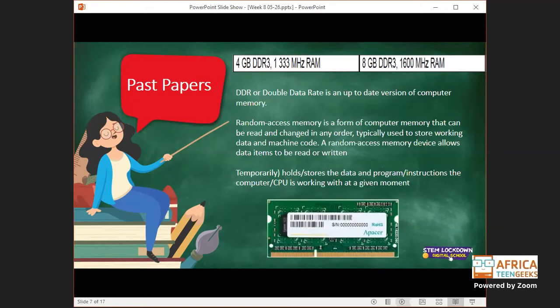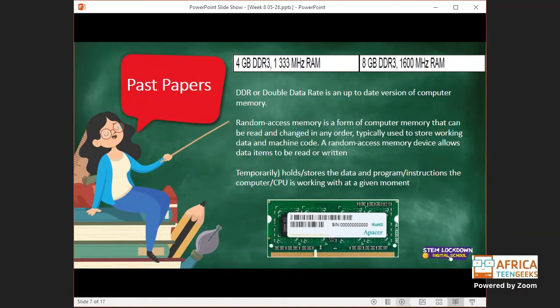Next, we're going to 4 gigabyte DDR3 and 8 gigabyte DDR3, and then we're also going to the 1333 megahertz and 1600 megahertz. Okay, so first of all, DDR stands for double data rate, and that's an updated version of memory.